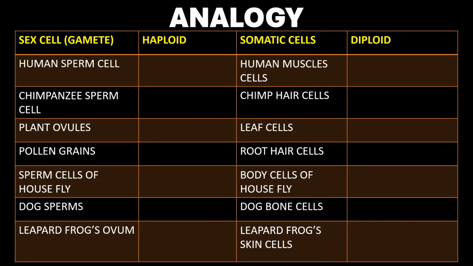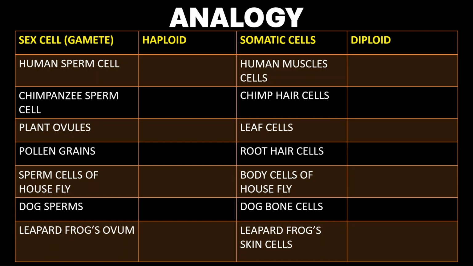Now we have here sex cells, that is gametes, and we have different types of them. And then we have haploid. And we have somatic cells, and then we have diploid. We are supposed to know clearly that all sex cells are also called gametes, and all gametes are automatically haploid.